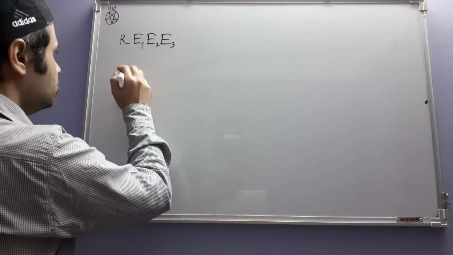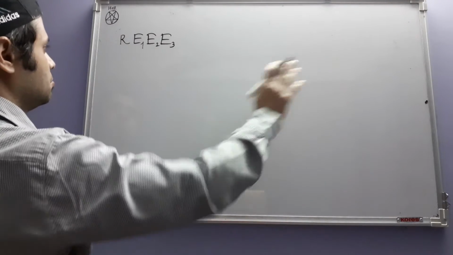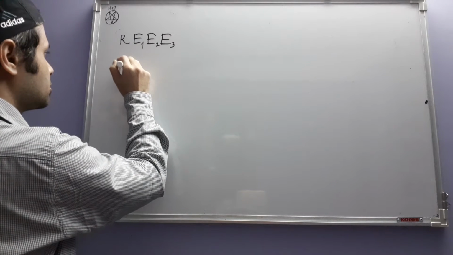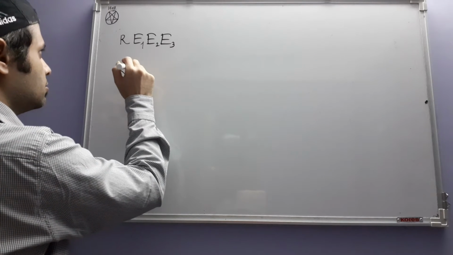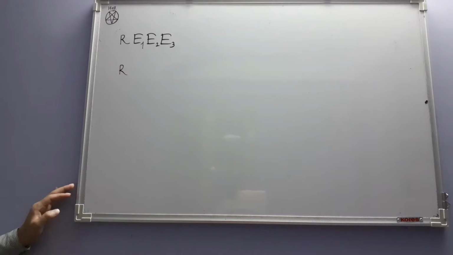So what we do is write all the permutations, R, for the sake of understanding, let's just write it quickly.